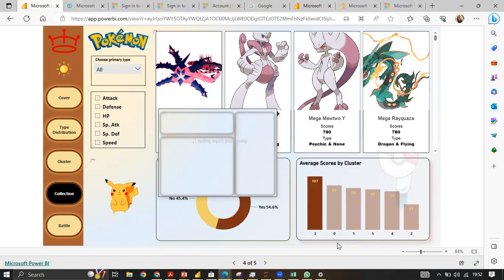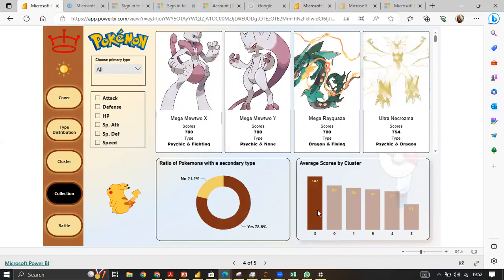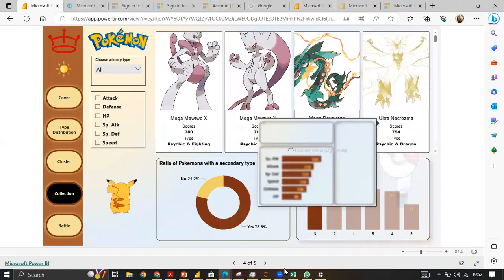Sorry, it's still loading up. So these are the Pokemons in cluster 3: the Mega Mewtwo X, the Mega Mewtwo Y, the Mega Rayquaza, and so on. They are obviously more down here.